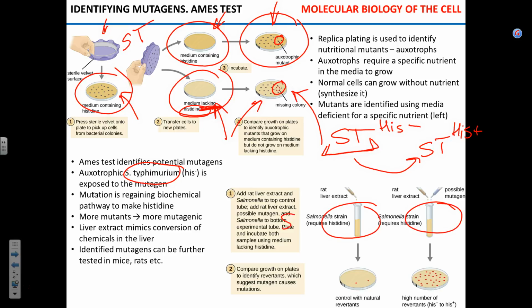The Salmonella typhimurium strain that is histidine negative is exposed to the mutagen or not. This is the control. So in the control, you're going to see very few natural revertants.